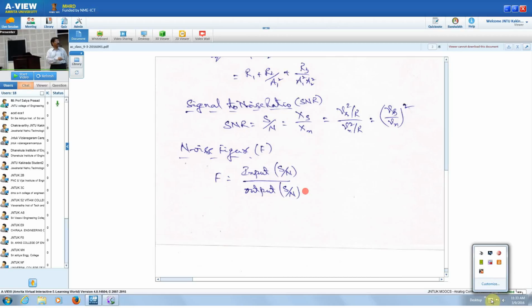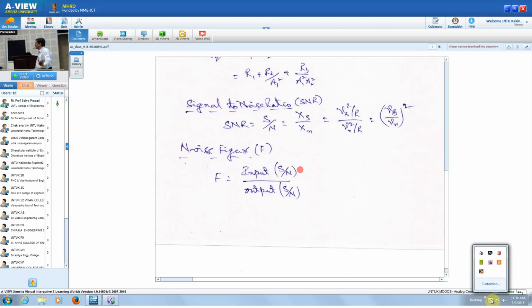Normally, this output signal to noise ratio will be less than this input signal to noise ratio, because the signal is not going to change, but noise is going to be added in your circuit. Therefore, 1 is the minimum, but the noise figure may increase if the output signal to noise ratio goes on decreasing, because as the noise increases, the signal to noise ratio decreases.